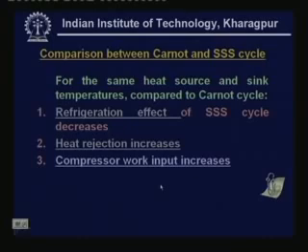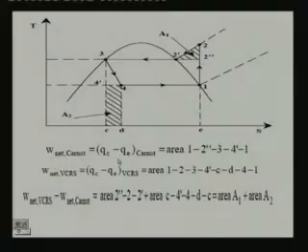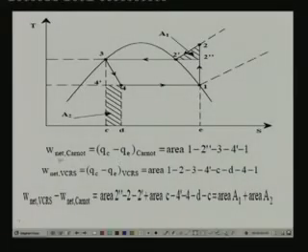Now because of the differences in refrigeration effect and heat rejection rates, you find that the compressor work input increases when you change over from Carnot cycle to standard vapor compression cycle. Again, with the help of the TS diagram, we can show this one. If you look at again the TS diagram, you find that the net work input of Carnot cycle is nothing but QC minus QE of Carnot cycle, that is nothing but area 1 2 double dash 3 4 dash 1, that means this area.